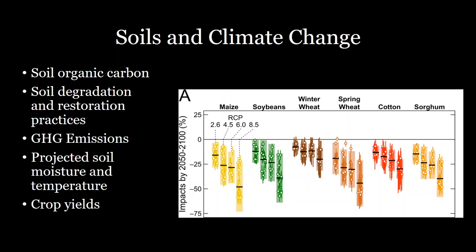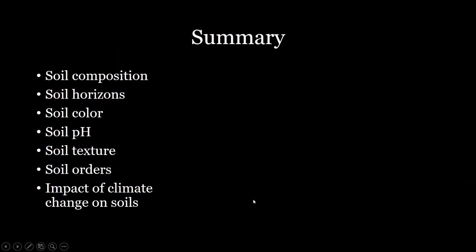So the reach of climate change is extensive, even in soil science. We have to be very vigilant to make sure that we're not going down a path to these more dramatic results. That just about covers it for our lecture on soils.